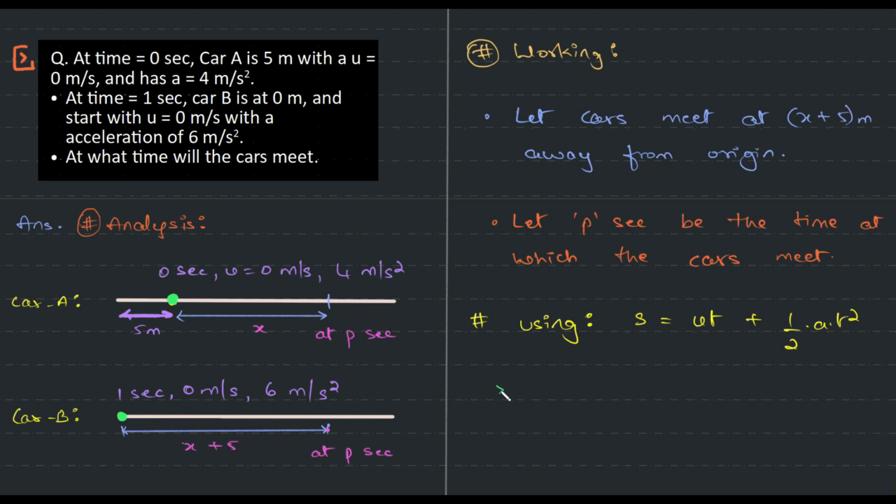So when it comes to car A, what we have here is x is equal to u is 0 plus half a into p square. It has traveled a time of p. It started off at 0 seconds and went on to the distance x in p seconds. So a bit of simplification and we have 2p square. So that is our 1.